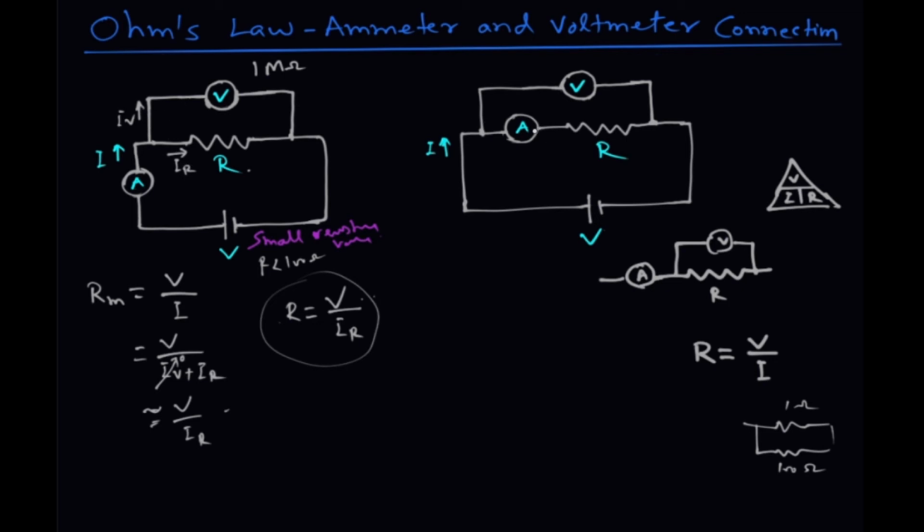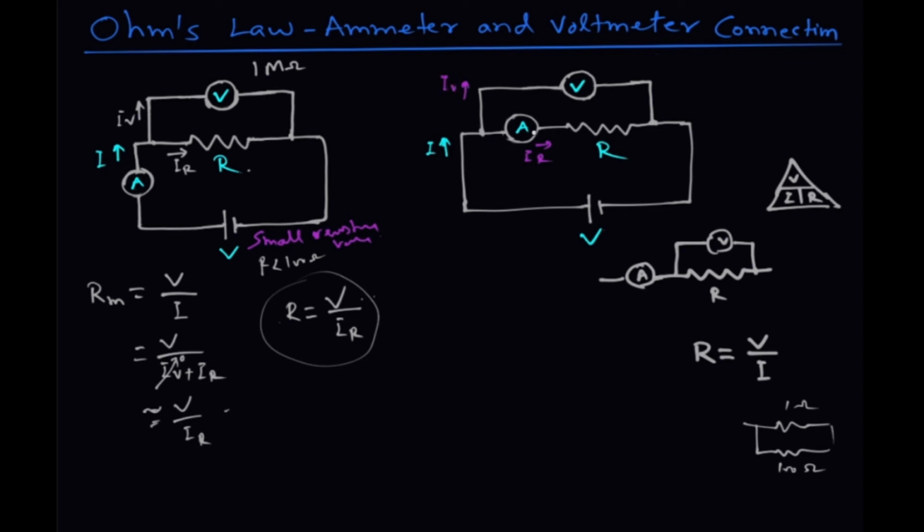Here you can see that the current flowing through the resistance is accurately measured by this ammeter. Let this current be IR, and this current be IV.